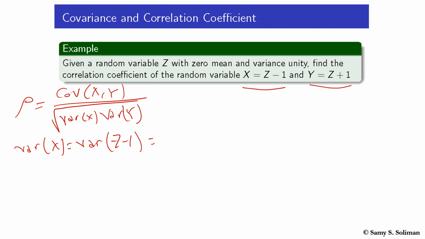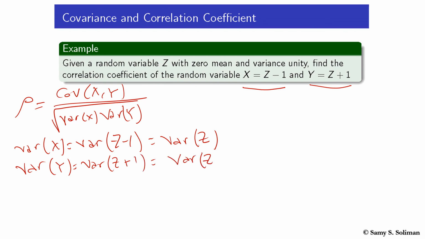So this is equal to the variance of z, which is 1 in our case. Similarly, variance of y is equal to the variance of z plus 1, which is equal to the variance of z.